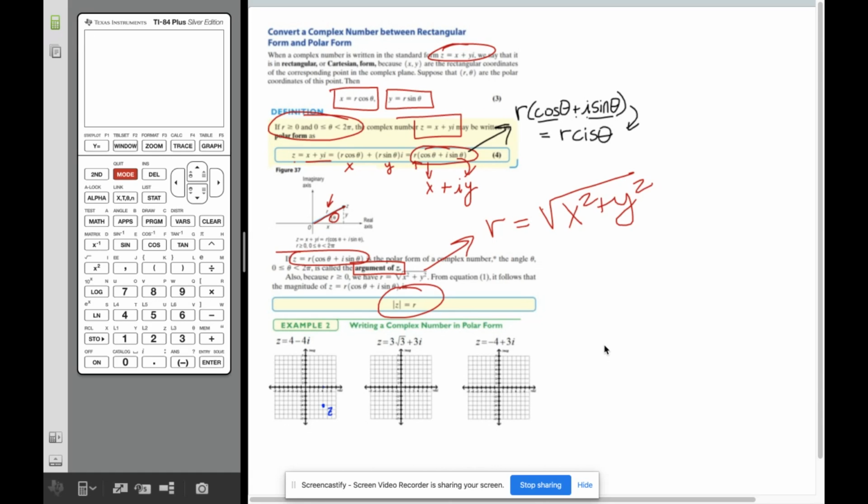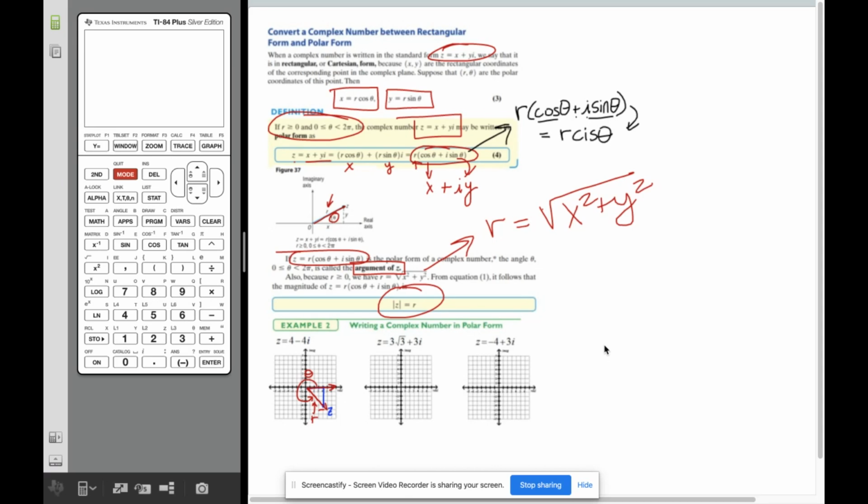So you'll notice we went 4 to the right, we went 4 down, and that would be 4 minus 4i. If you were going to do this in a polar way, you think about the polar axis here, and then you would rotate all the way around the circle until you finally were pointing in that direction. So we're looking for theta there, and we're looking for the length of r, which would be right there.